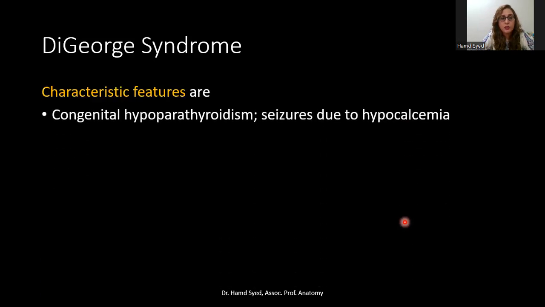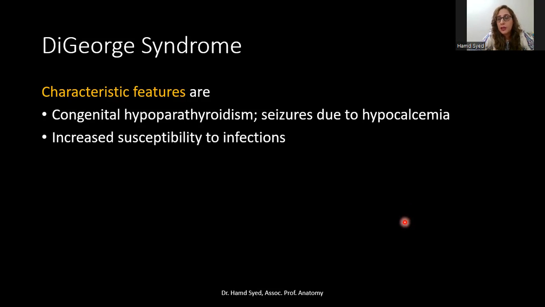And the characteristic features are, because of the failure of development of these third and fourth pharyngeal pouches, there will be hypoparathyroidism. We know that the parathyroid glands produce the parathormone, which is involved in regulation of the blood calcium levels. So congenital hypoparathyroidism will cause hypocalcemia, which can lead to seizures.